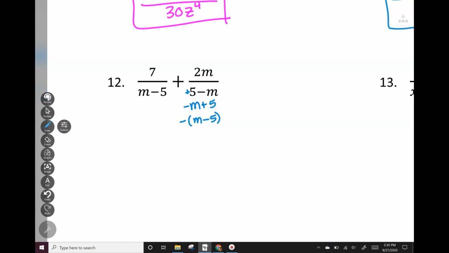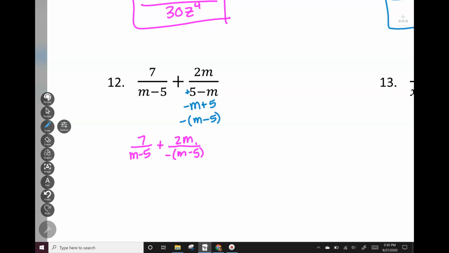Okay, so if I multiply, let me go ahead and rewrite this. 7 over m minus 5 plus 2m over negative m minus 5. So all I did was switch those two terms and factor out the negative there.